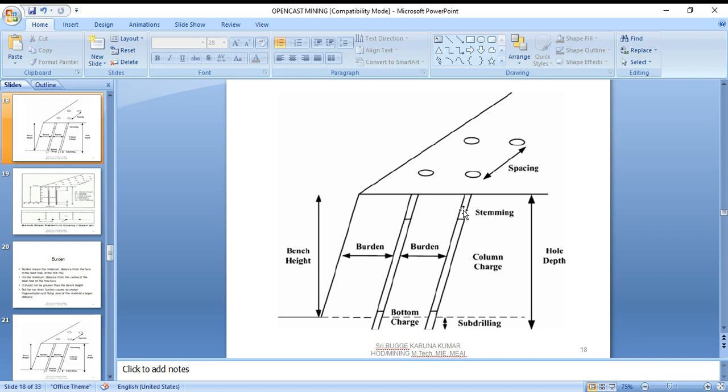The stemming, first called the stemming column, the column charge, the hole depth, and also given is the subgrade drilling. This is the bottom charge. So this is one typical example for a clear understanding of what is the spacing and what is the burden.